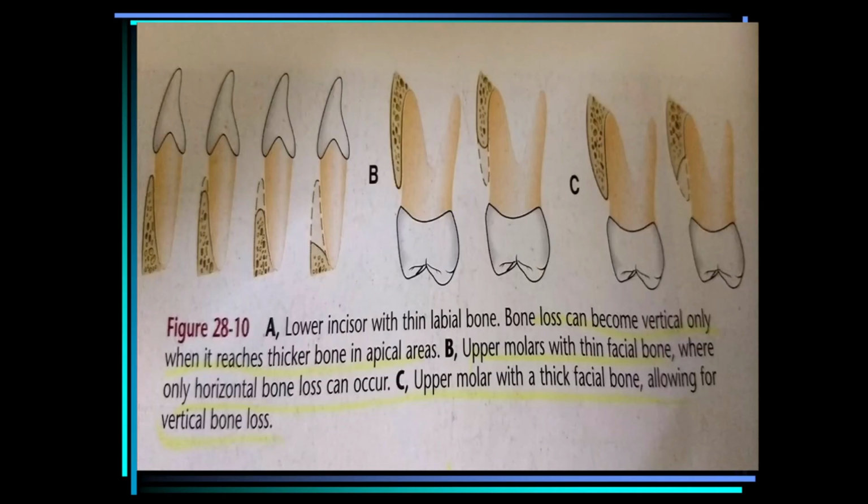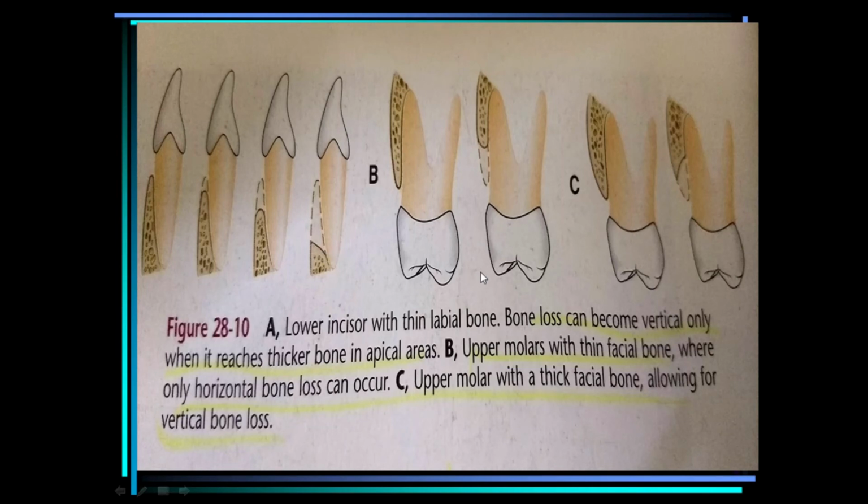This is a picture from the book, and the line says bone loss can become vertical only when it reaches thicker bone in the apical area. This is a very important line. The bone loss can become vertical only when it reaches the thicker bone that is there in the apical area.